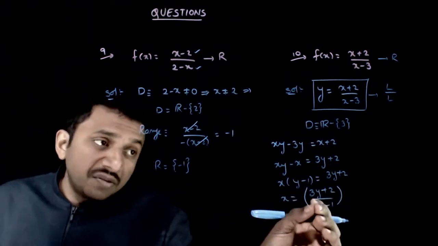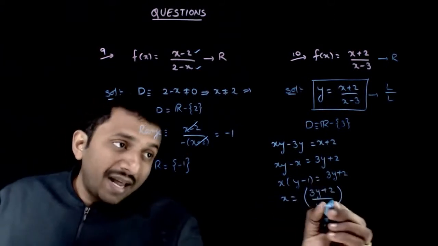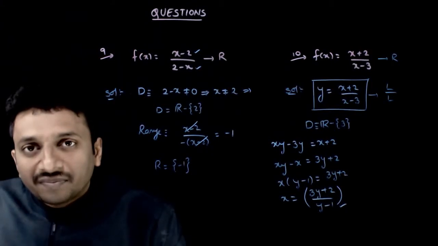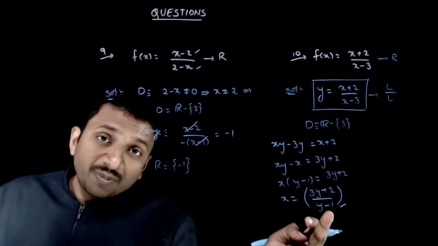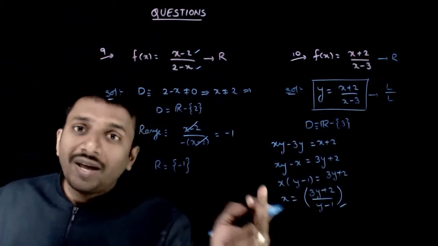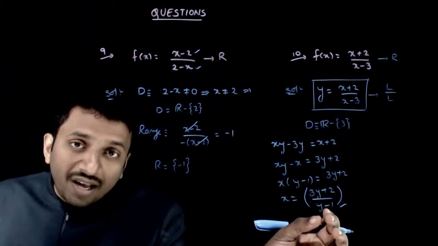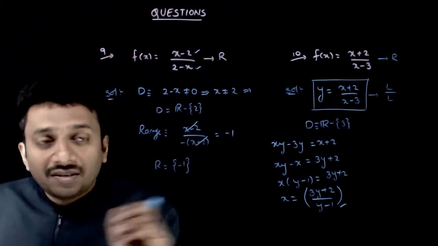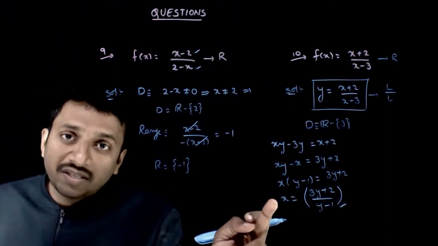So as long as y is any number except 1, we can always find the corresponding x. That means corresponding to y is equal to 1, there is no x possible. Apart from y is equal to 1, for all values of y, some x will always come.